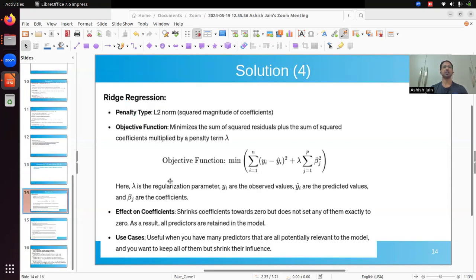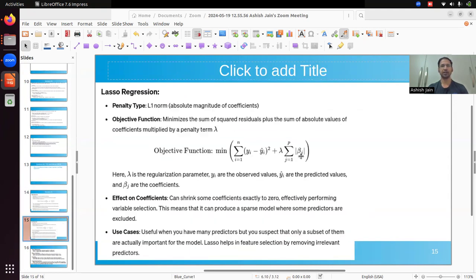So the difference between ridge regression and lasso regression is in the penalty type. This term is the penalty term in ridge. In lasso, this is the penalty term.